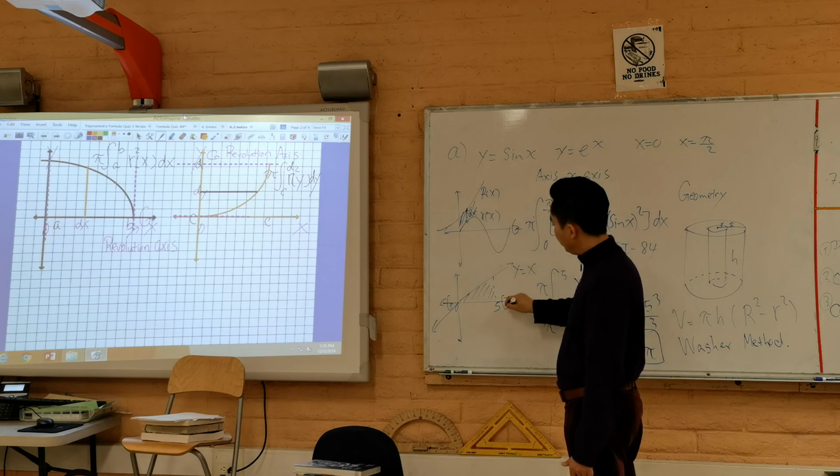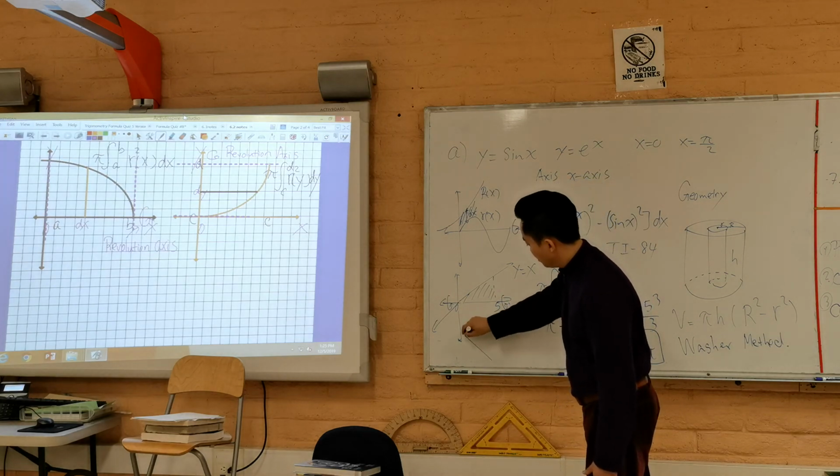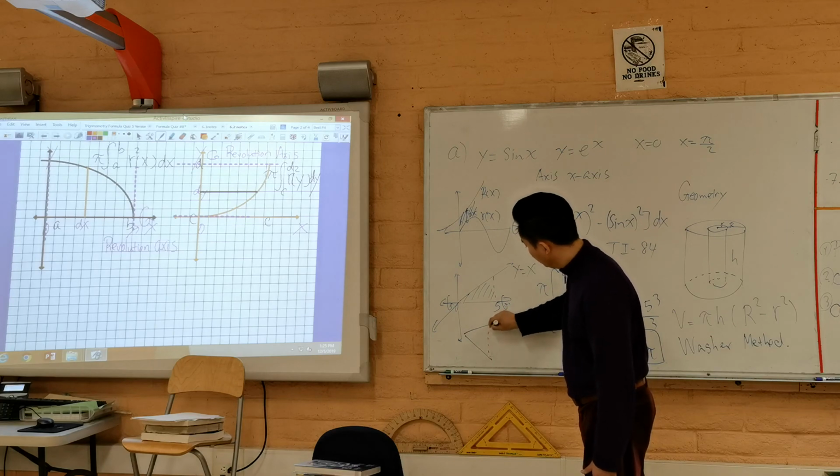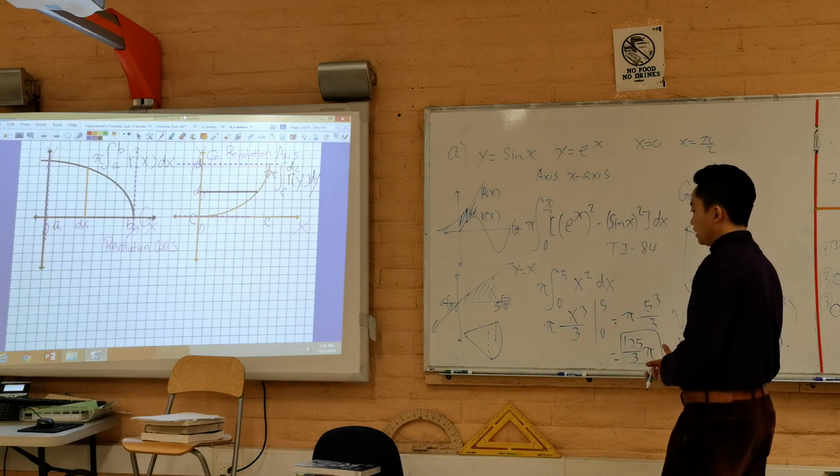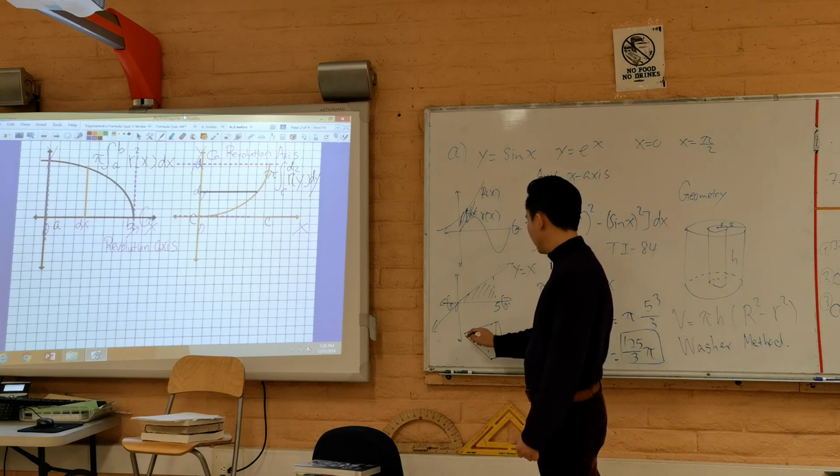Again, this one is revolving around the x-axis, so eventually it's going to be a cone. You may notice the radius of the cone is about that big, and here's the height, the one that we just integrated.